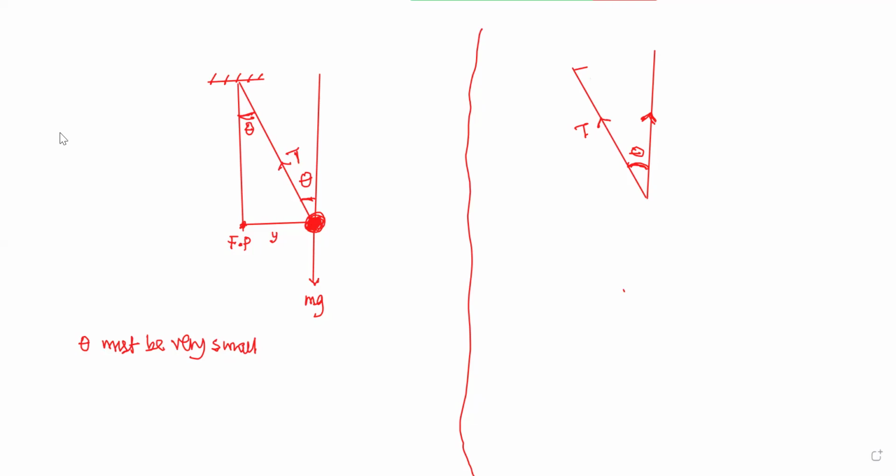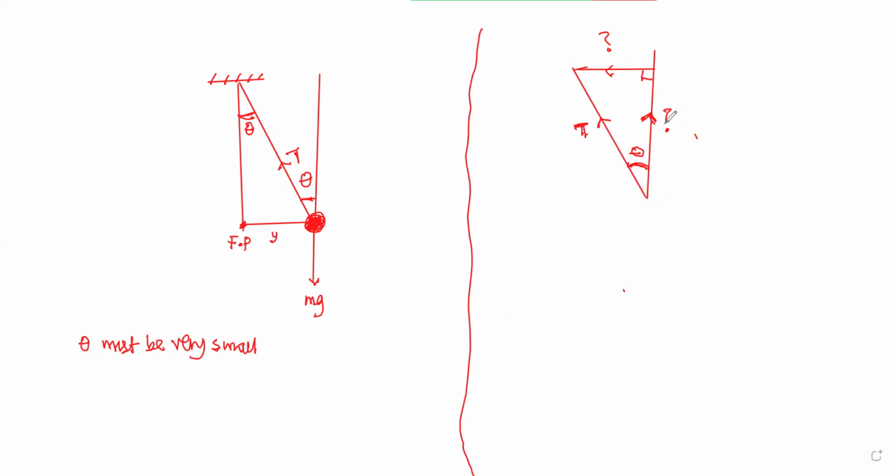So once we have located the adjacent, the opposite or vertical must be perpendicular to it to obey the triangle law of vector addition. So this component plus this component must be equal to T.